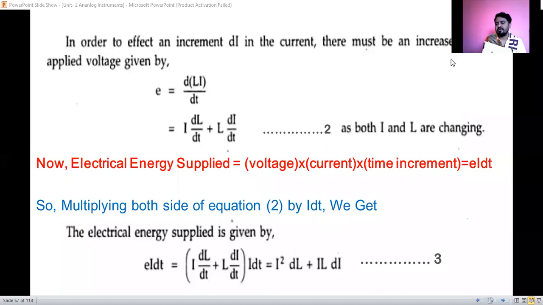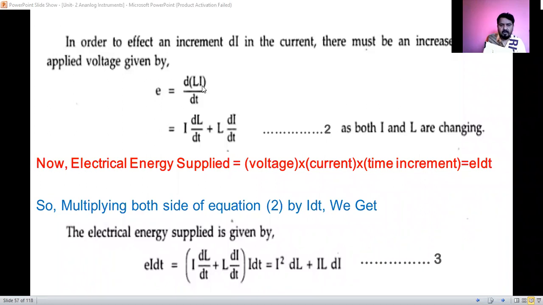So that applied voltage is given by E equal to, we are considering as applied voltage, the rate of change of inductance and current with respect to time.